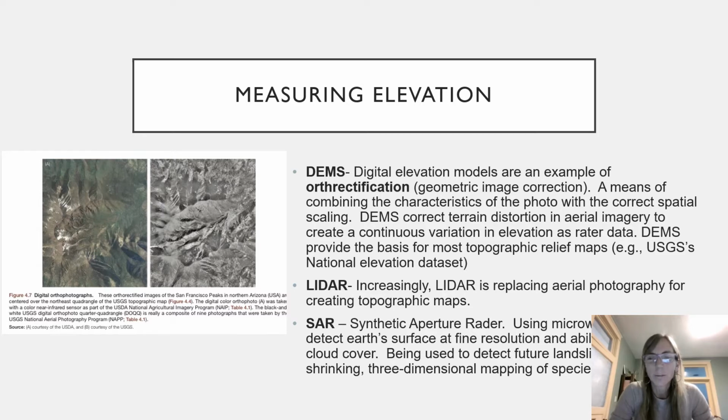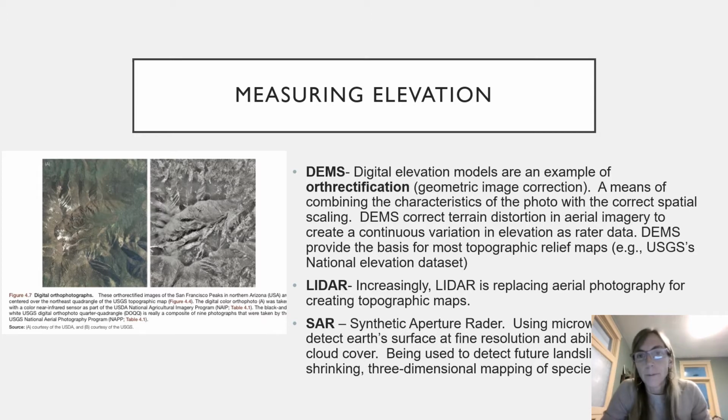So let's talk through how we measure elevation with spatial data. Some of our first models for measuring elevation we refer to as DEMs, or digital elevation models. These are examples of orthorectification, so a geometric image correction.